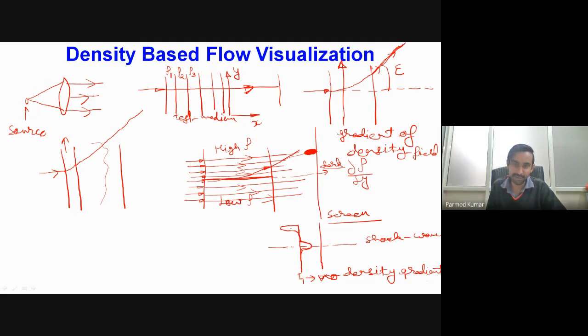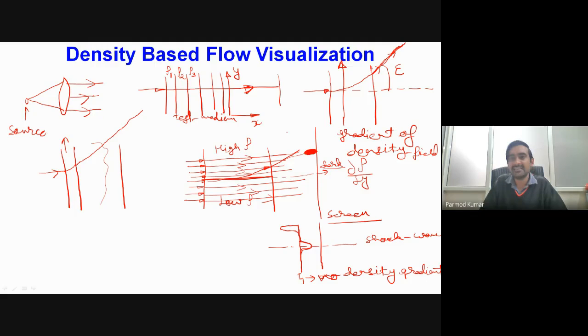However, at some particular locations we get very high intensity, and wherever the shock wave occurs, we get a dark spot on our screen. So where we have the gradient of the density field, we get a dark spot.